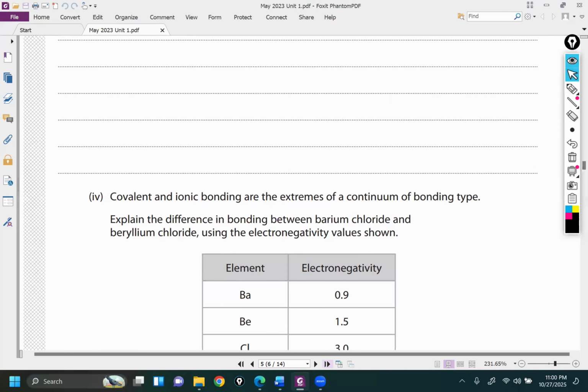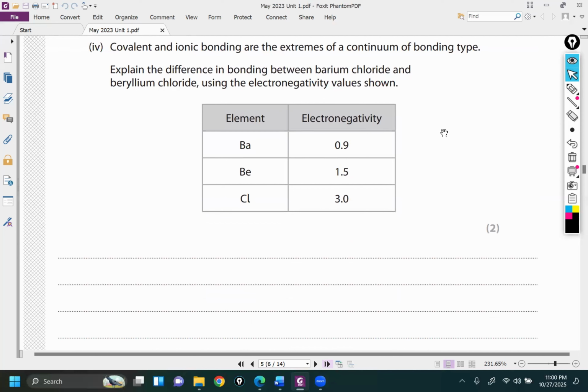In part 4, you see that they gave a table and electronegativity values are mentioned against 3 different elements. Covalent and ionic bonding are the extremes of a continuum of bonding type.